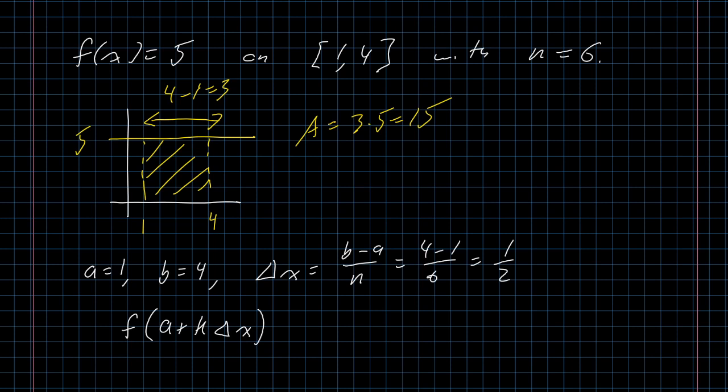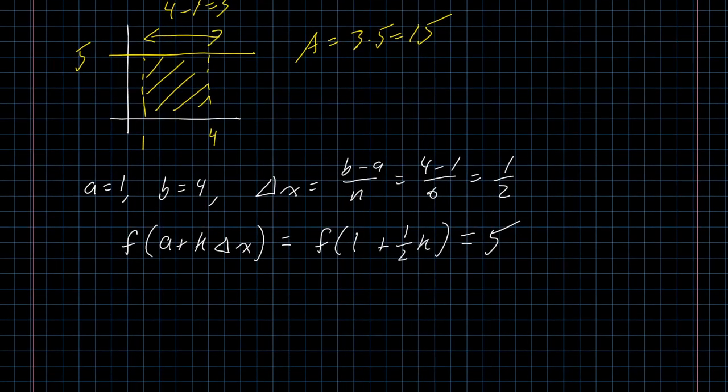F of a plus k delta x is f of a is 1, delta x is 1/2, so this is 1 plus 1/2 k, but that's actually not that interesting in this case because it's just the constant value 5, but thinking through that, right? A plus k delta x. A is 1, delta x is 1/2, k is going to just still be there.